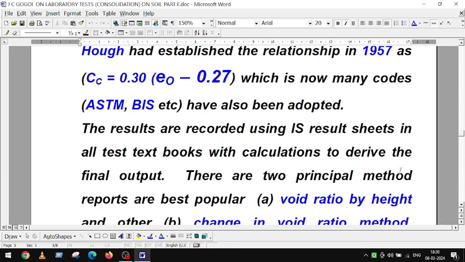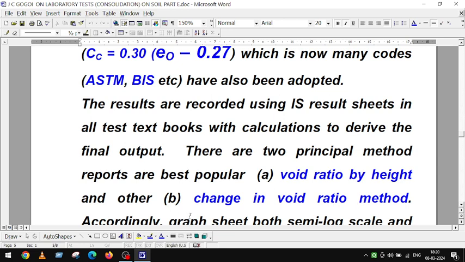There are two principal methods for reporting, and out of that, the best one is void ratio by height, and next is the change in void ratio method.